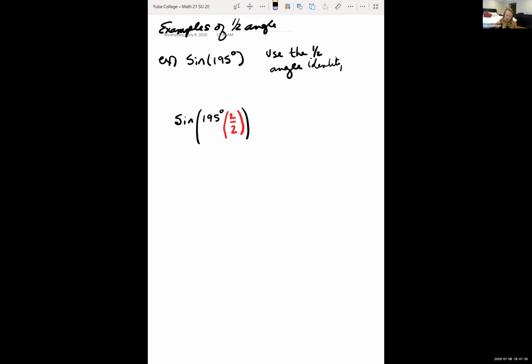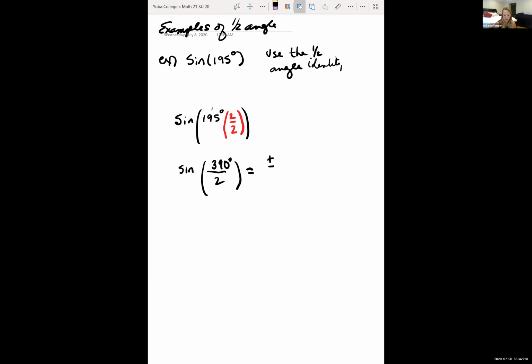So if we multiply 195 by 2, 2 times 9 is 18 plus 1 is 19, that's 390 degrees. So now it's a half angle, and we can use our half angle formula. And so it's plus or minus.